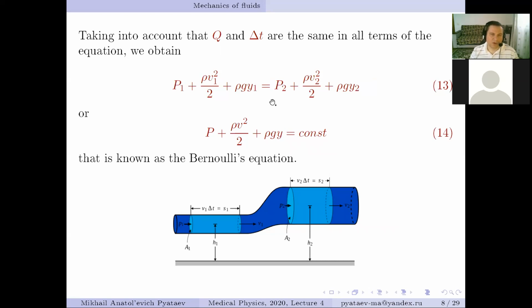Some terms have changed their position, and that's why we have a combination of P, rho v1 squared by 2, and rho g y1 for the first point, and the same combination with indexes 2 for P, v, and y on the right hand side of the equation. This means the combination P plus rho v squared by 2 plus rho g y remains constant during the motion, and this is known as Bernoulli's equation.